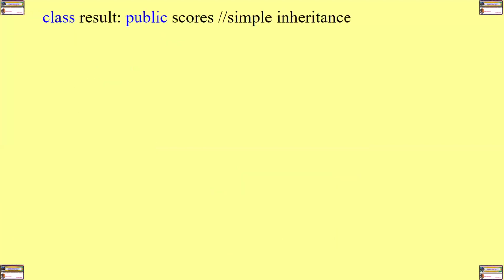Then we have simple inheritance, whereby the class called result is being derived from the public class called scores, which is our base class. You can see this class has no definition.